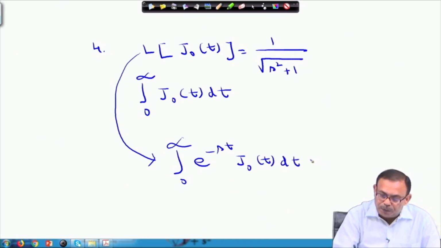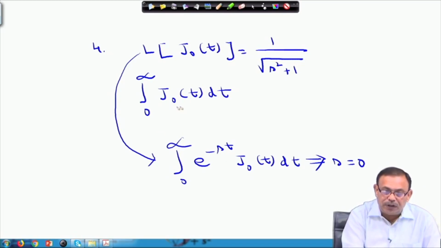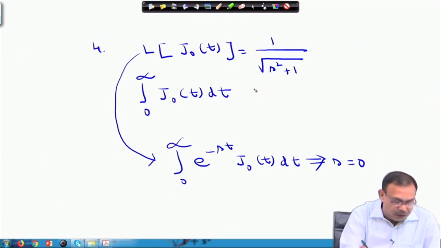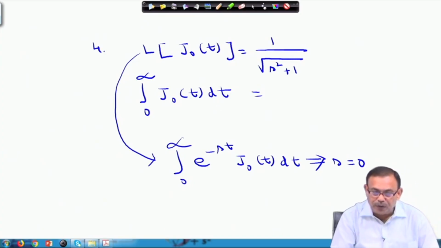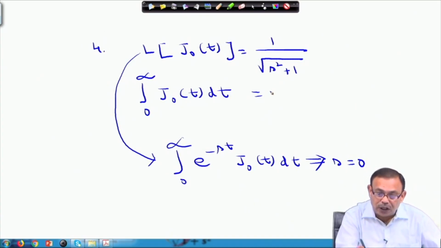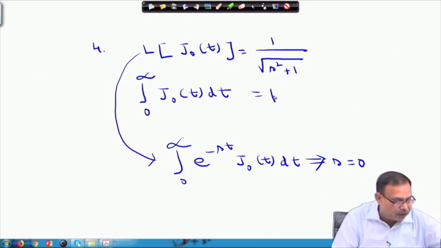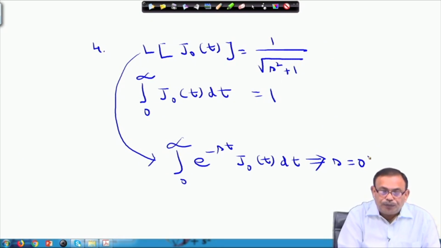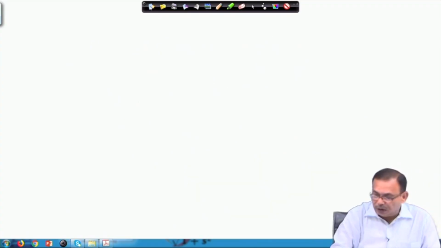So, effectively, if you put s equals 0 in this equation, you will obtain the integral from 0 to infinity of J0(t) dt, and this equals the value you get by putting s equals 0 here. So, I am getting the integral from 0 to infinity of J0(t) dt equals 1, directly by substituting s equals 0.